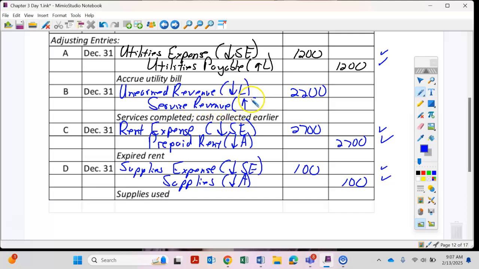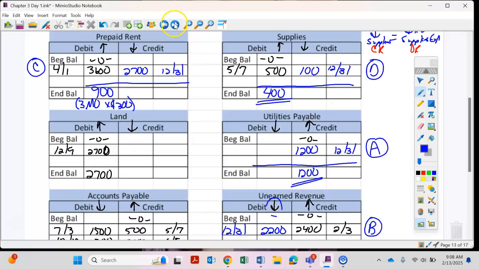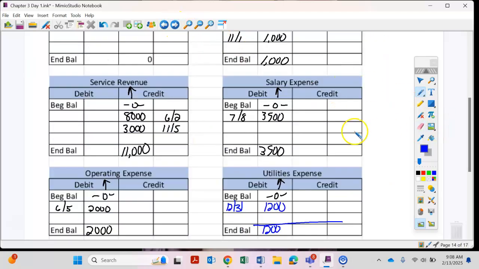Go back to your debit credit rules if you need a refresher on that. Because we provided the services, we've already posted the debit. Let's go post the credit to service revenue. So over here, $2,200 on December 31st, and that's going to change our ending balance to $13,200.